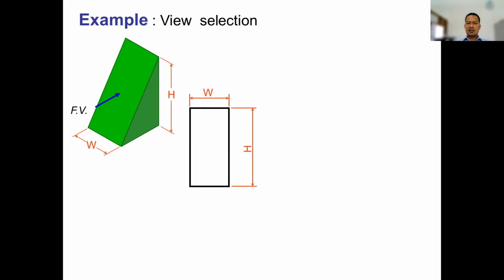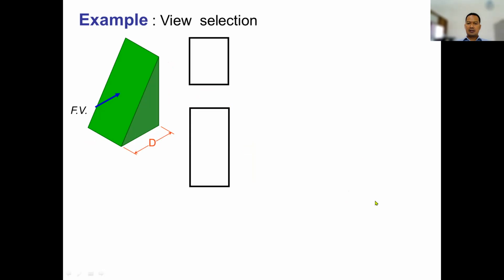It's the same with the width, or W, here, and the height here. But we have a D dimension, for example, from the top view. So we have the front view and top view here.